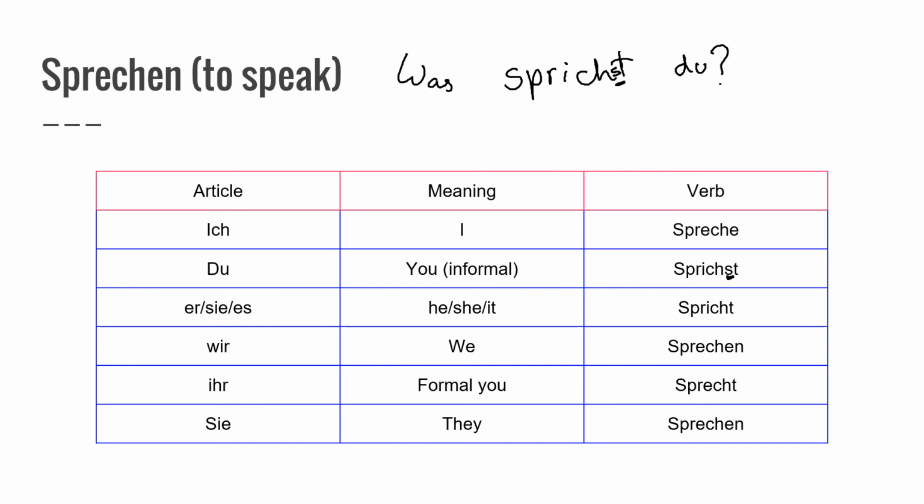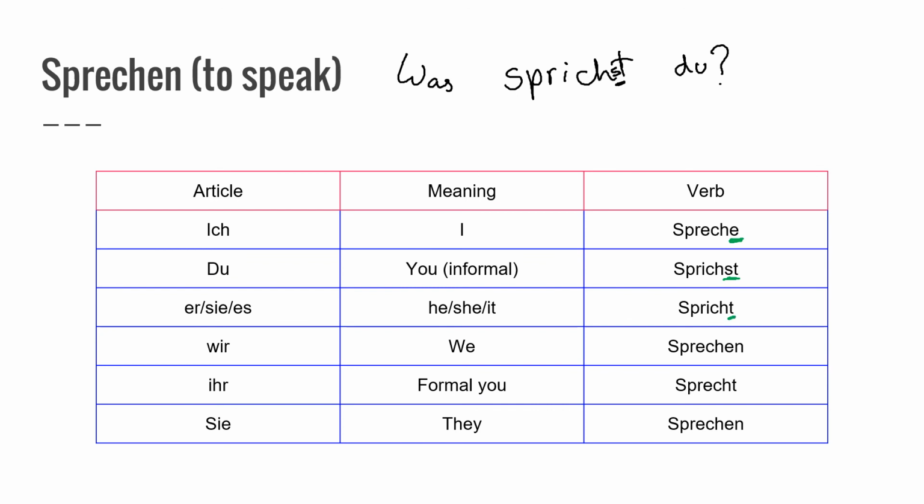Now, here comes the trick. Whenever you conjugate a word with ich, it always ends with an e. Whenever you conjugate something with du, it ends with st. Whenever you conjugate with er, sie or es, it ends with t.